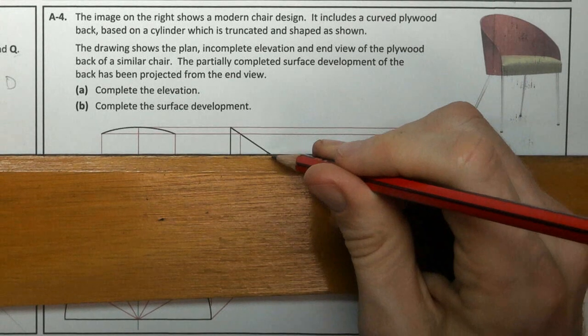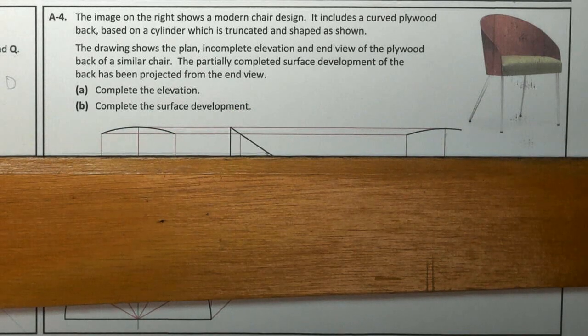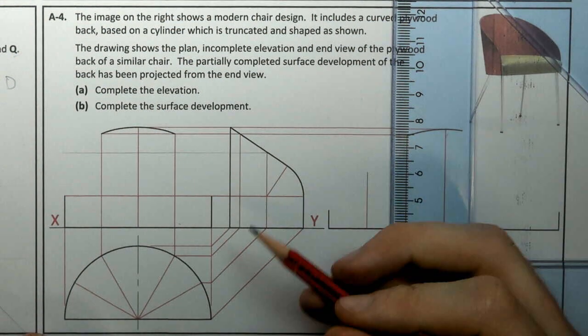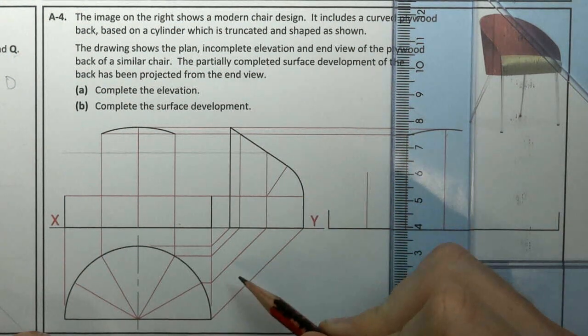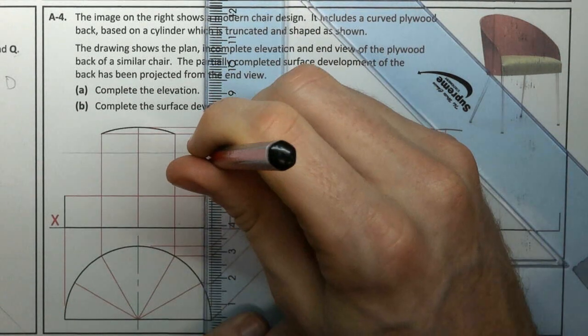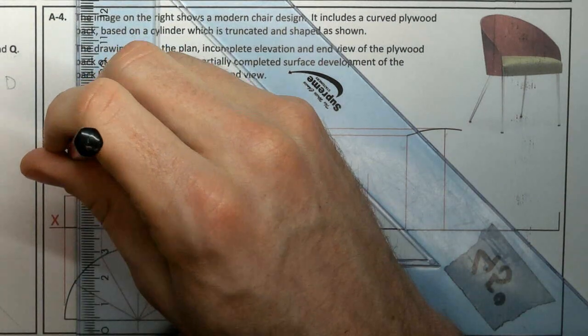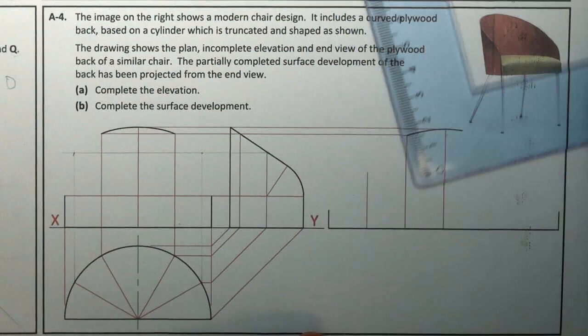So project across that height. These generators are at that height, so project them up. Those are 2 points.